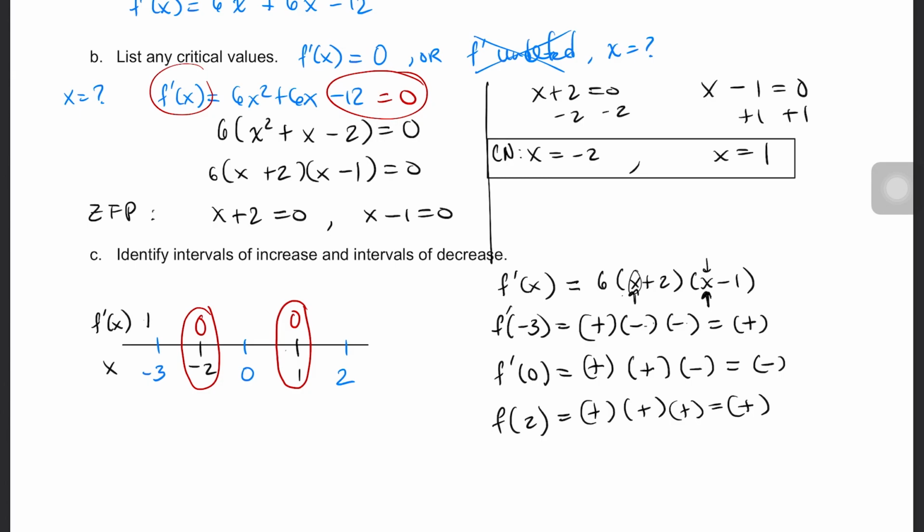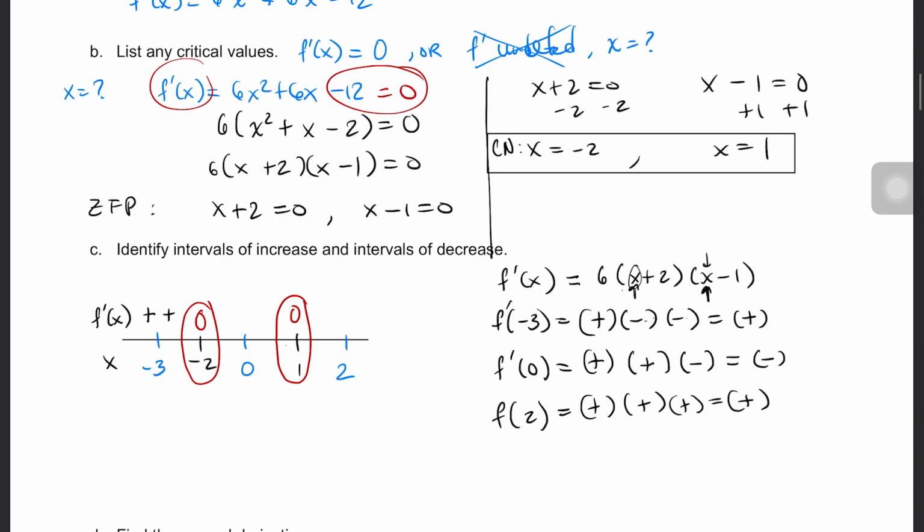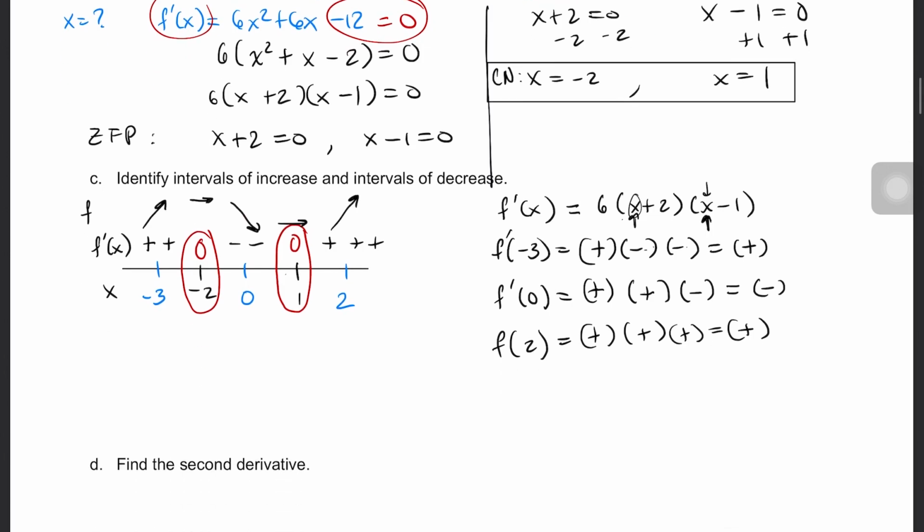It is positive here and here, anywhere there, and between -2 and 1 it is going to be negative, and positive for anything after 1. So if we look at the actual function, the function is increasing, horizontal at this critical number, decreasing, horizontal, and then increasing, right?